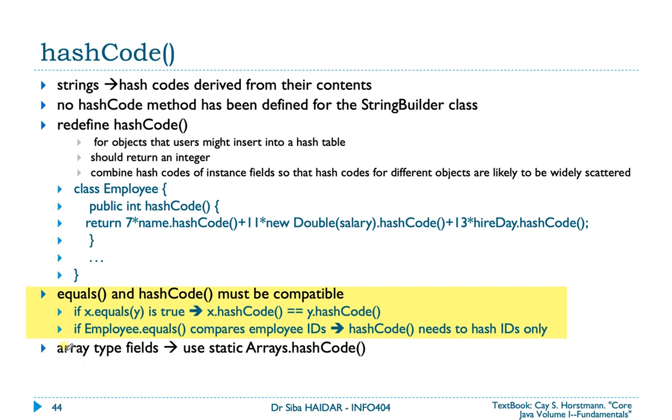And for array type fields, you can use the method Arrays.hashCode, which is, as I already explained about Objects, Arrays is a utility class that has a static hashCode. So let us see it.